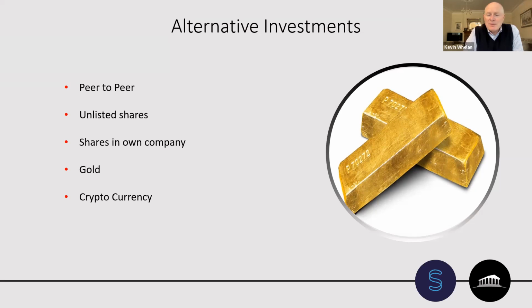If we want to invest in peer-to-peer, whatever platform we want, whatever due diligence we do, we're able to do it. If we want to buy unlisted shares, even shares in our own company, we can do that. We can buy precious metals like gold, and you can also trade in these things, and of course, cryptocurrency.